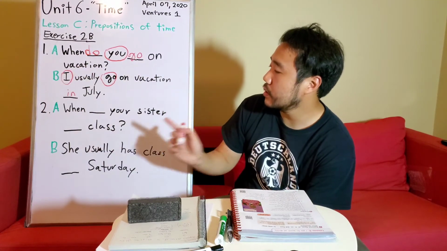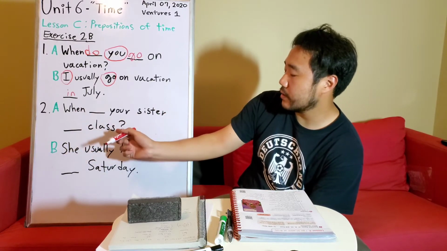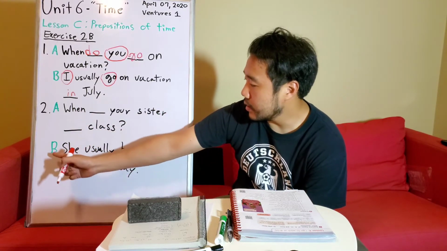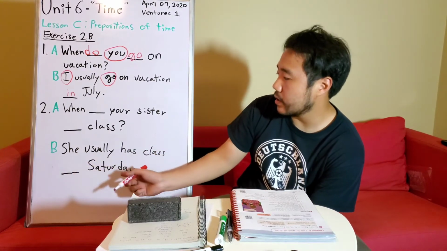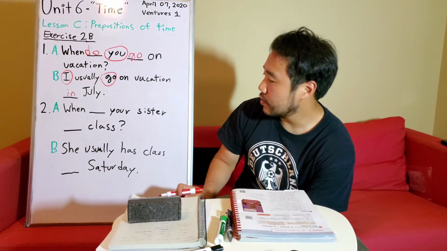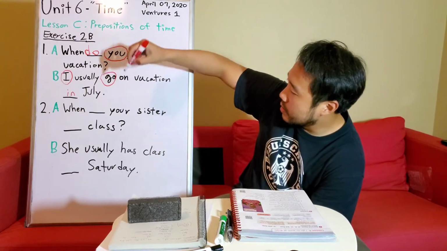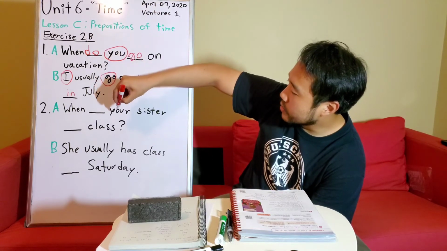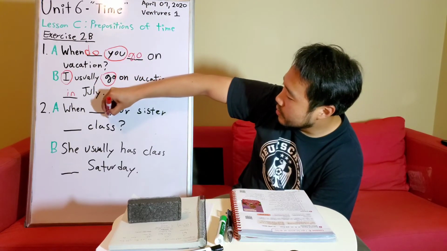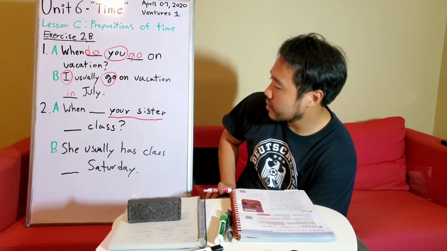Number 2. When blank your sister blank class? B. She usually has class blank Saturday. So now let's look at it here. Here, our subject is your sister.